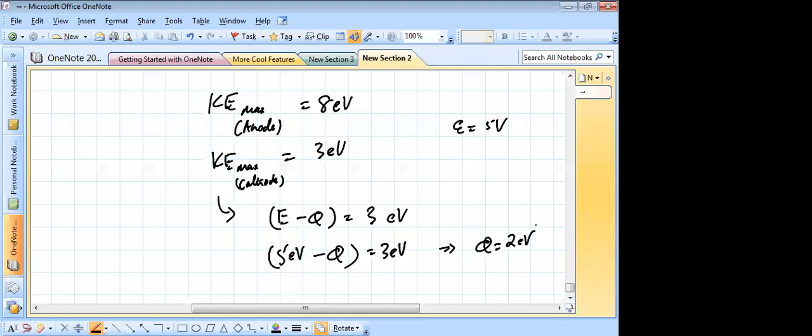Now, is saturation current happening or not? It is not happening, because there is a range of this thing. The minimum kinetic energy at the anode is 6 electron volts. So that means, from that, how can we say whether it is in saturation state or not?